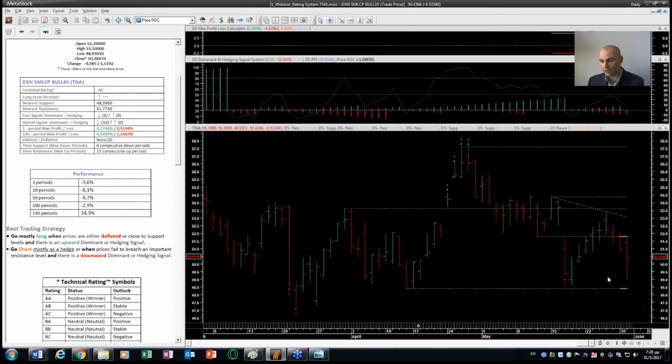So what I was trying to say, and I took advantage of what's going on, is that at this level that you see here, in the recent past, DomiStock produced a deflated alert, an alert that the price is deflated, and it went all the way up. Now, we are close to the same point.